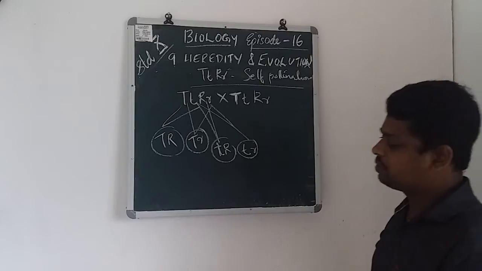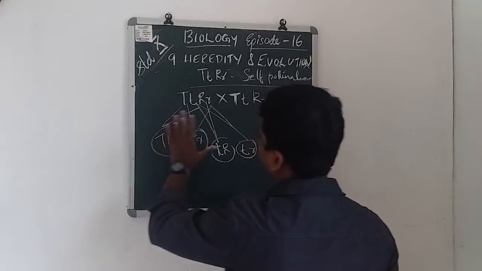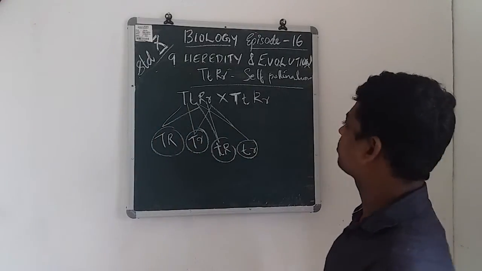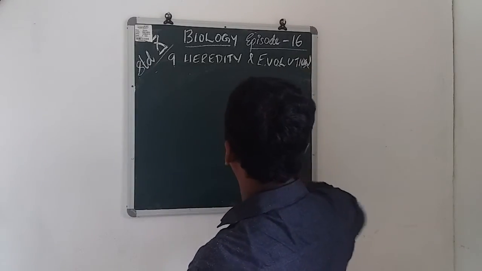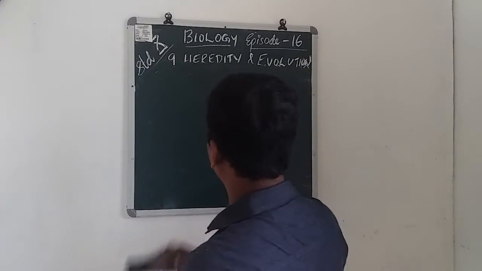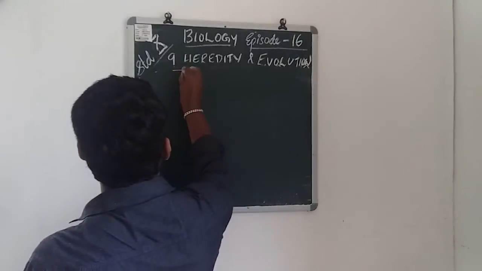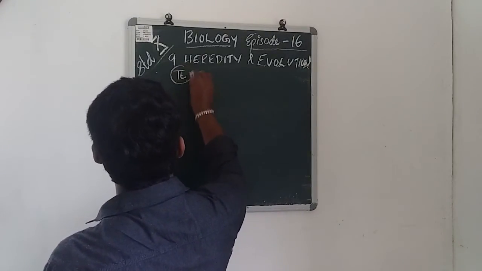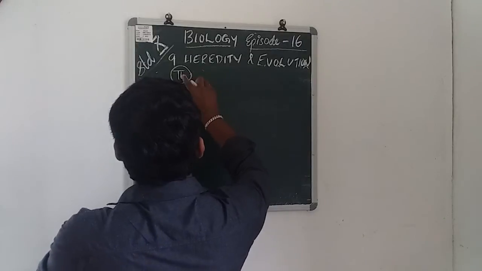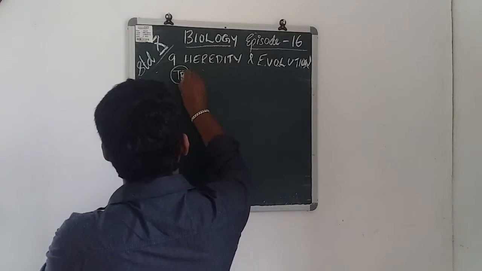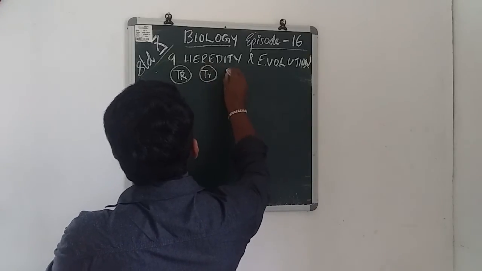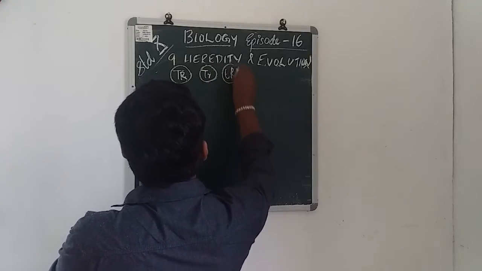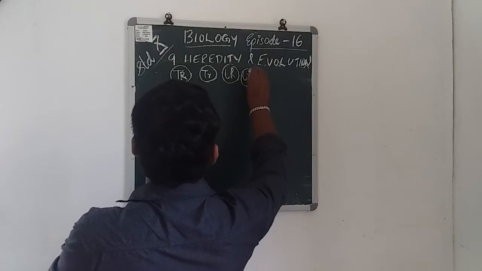So we can take this one. One is the male and the other is the female. The male gametes are capital T, capital R, capital T, small r, small t, capital R, small t, small r.